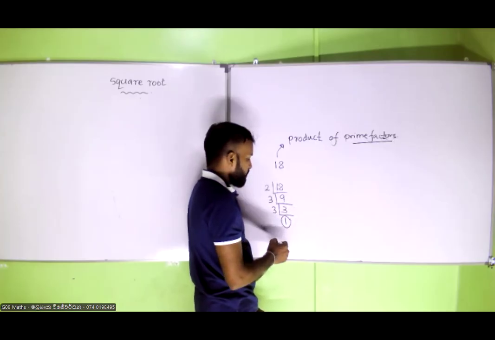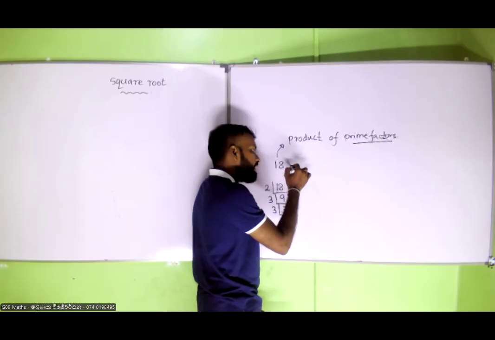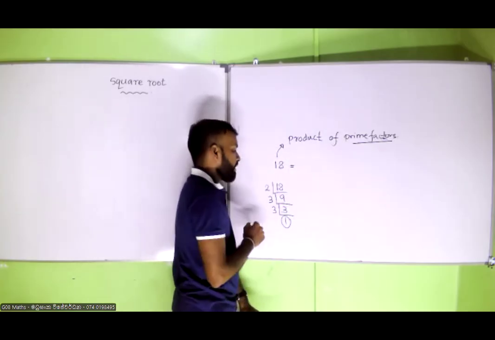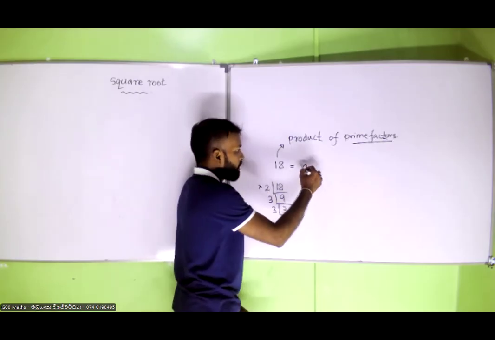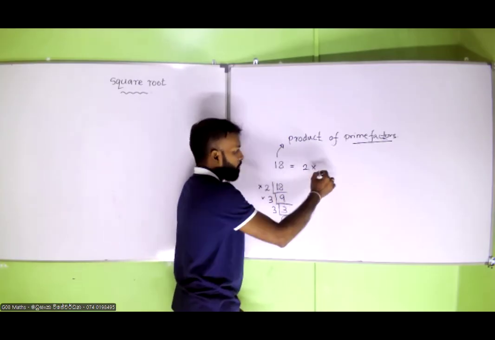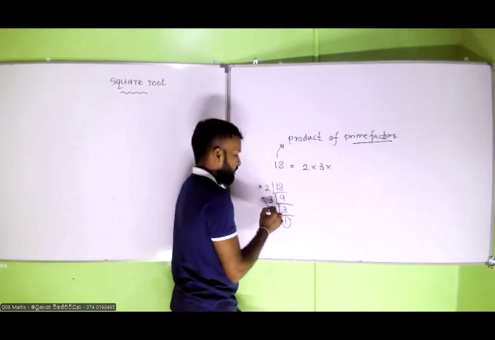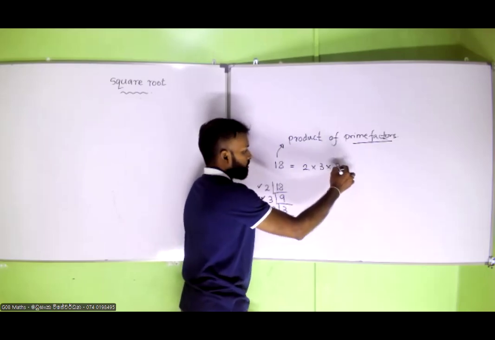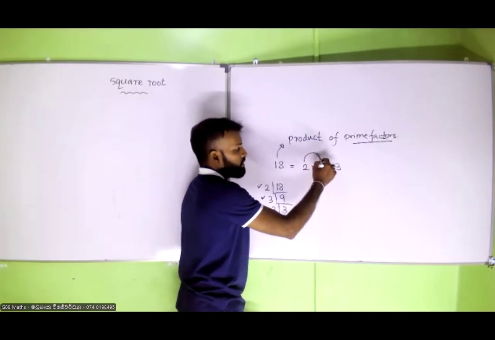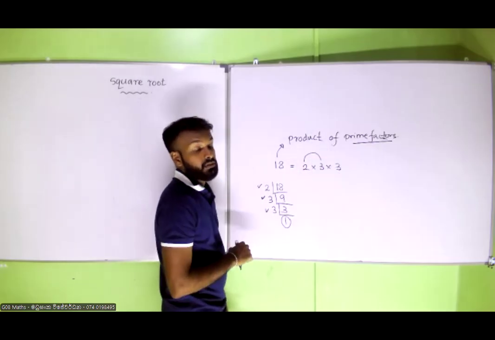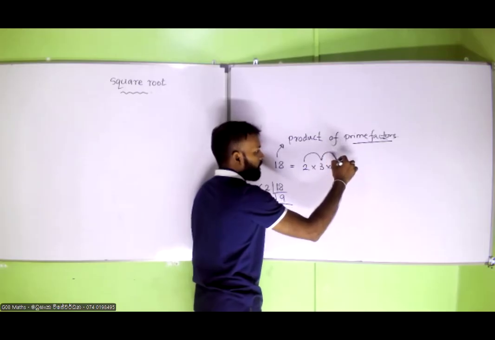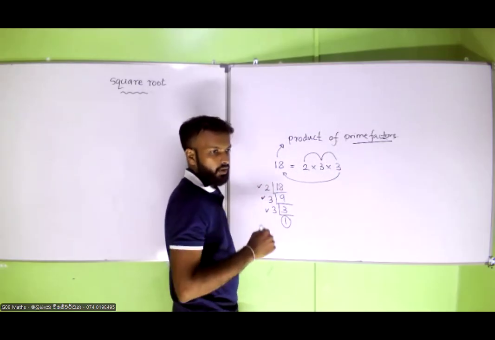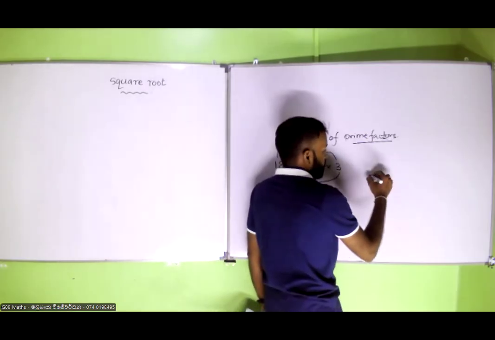So 18 can be represented as a product of prime factors: 2 multiplied by 3 multiplied by 3. 2 times 3 is 6, 6 times 3 is 18. Done. I'll do another one.